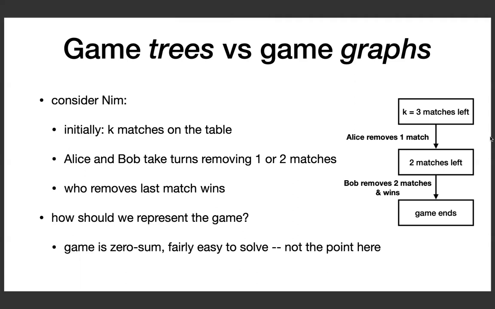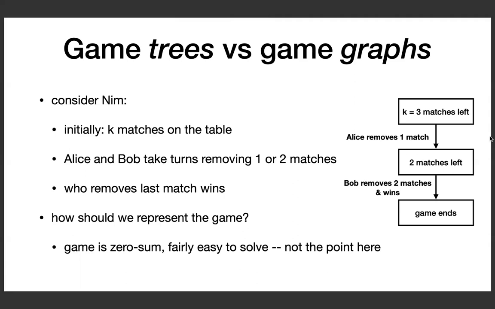For example, what you see on the right is one segment of a play of the game. At some point we have 3 matches left. Alice removes 1 match, and then we have 2 matches left, and Bob can remove 2 matches and win, and the game ends there. So how do we represent this game?